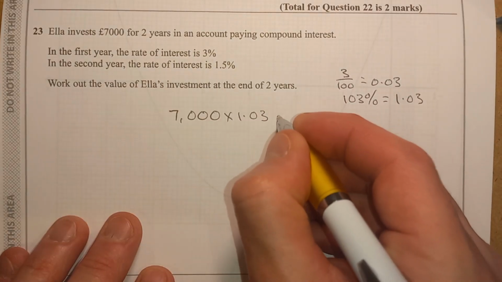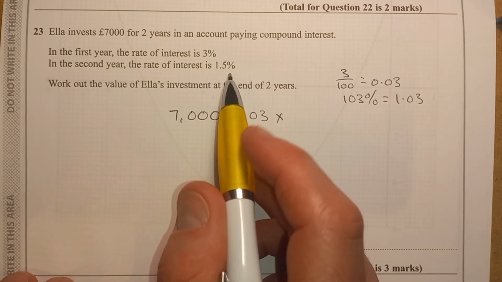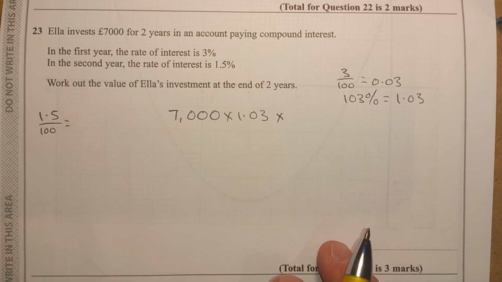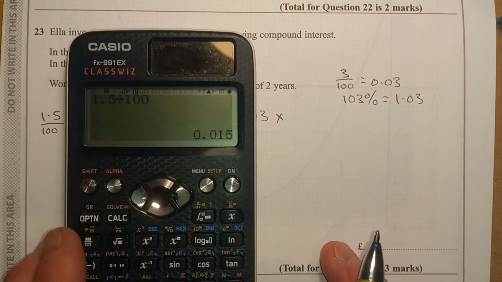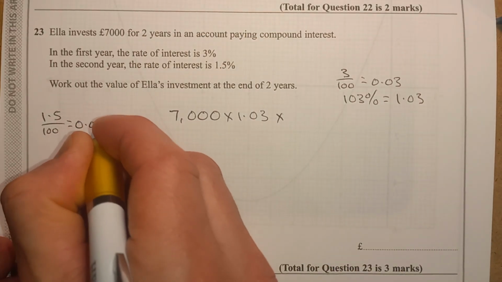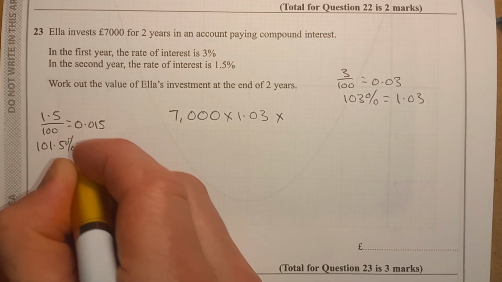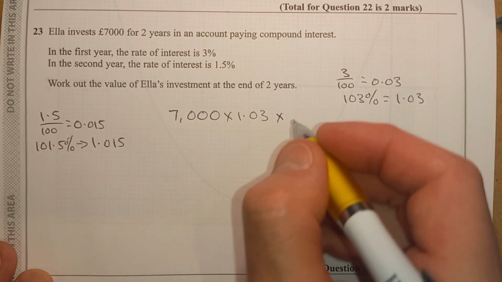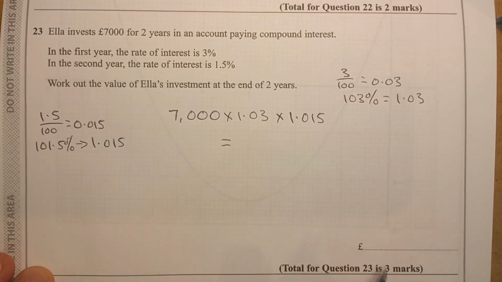I'm going to work out what we'd need for the second year. So we're going to do something similar, but for the second year it's 1.5%. Well, 1.5 out of 100 is 0.015. So 101.5% would be 1.015. So we can then multiply this by 1.015 and do it all in one go.